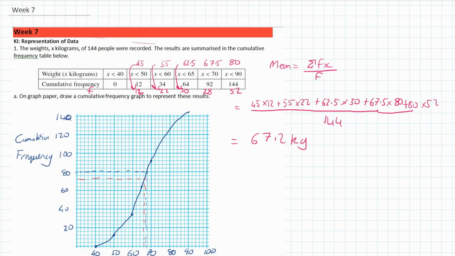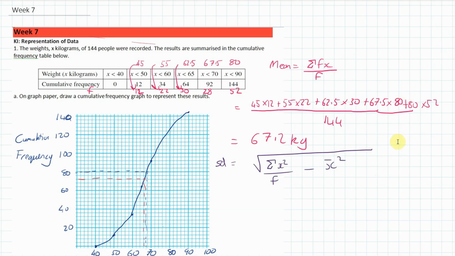All right, now we also have to work out the standard deviation. Now, remember the formula for the standard deviation is equal to the square root of the sum of x squared over the frequency, or n, number of items of data, subtract the mean squared.